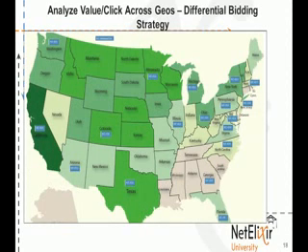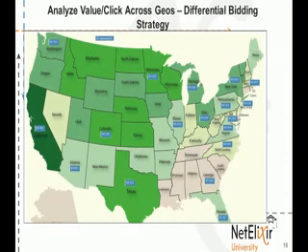Now, just a simple metric: revenue minus cost of click, divided by number of clicks. If you apply it across geos, you can actually find out whether your search engine visitor coming from Florida is more valuable compared to someone who is coming from North Carolina. Does the North Carolina visitor have a higher value per visit compared to someone in California, etc.? Believe me, very few people really do this level of geo-segmented differential bidding strategy.